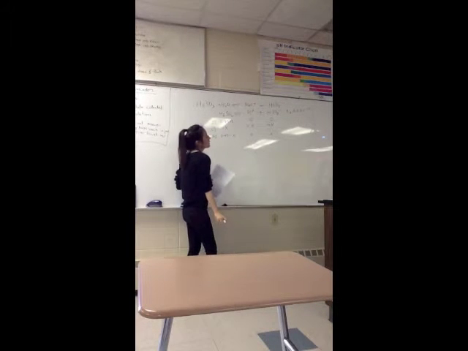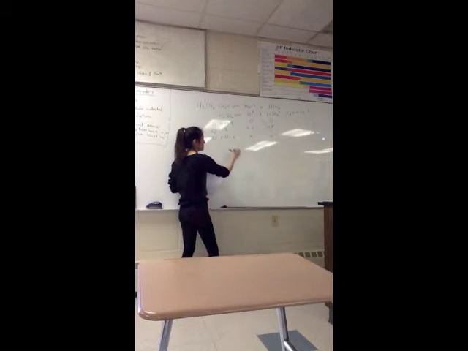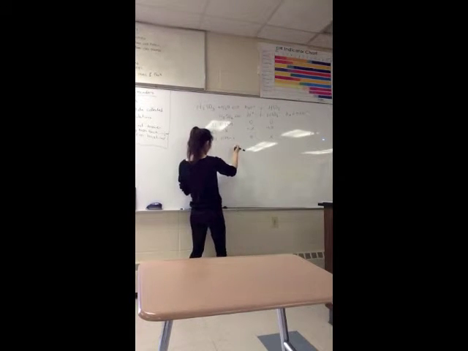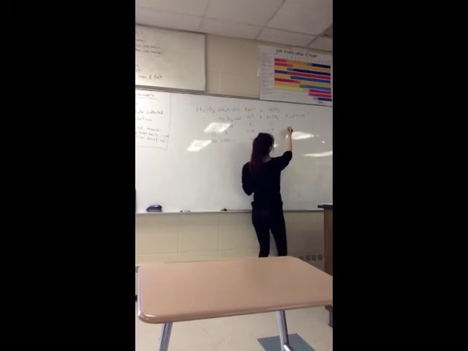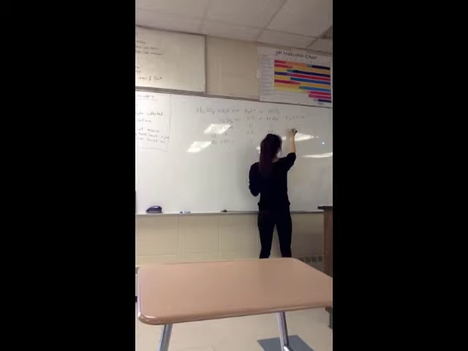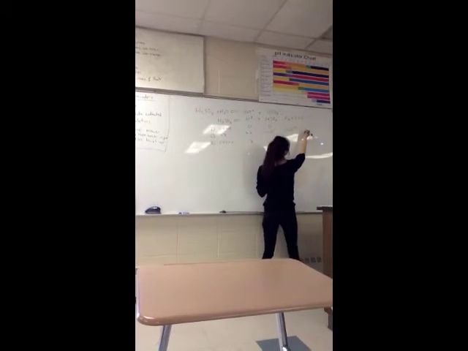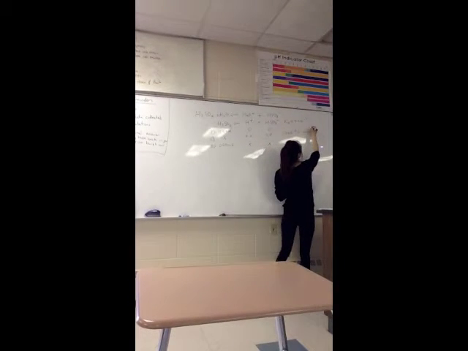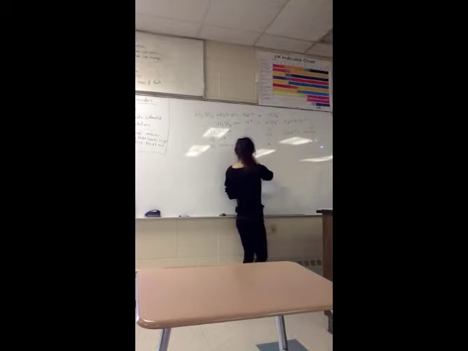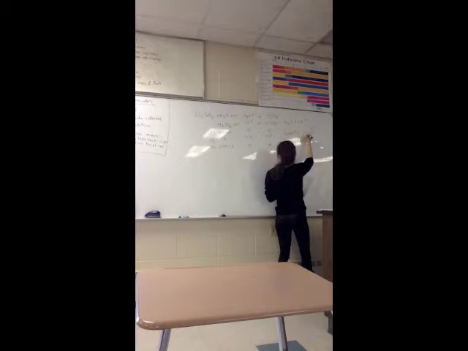Since K equilibrium is equal to the concentration of products over the concentration of reactant, I can write 1.3 times 10 to the negative 2 equals the two products, which would be x squared, over the reactant. The concentration of reactant will be 0.45 minus x.